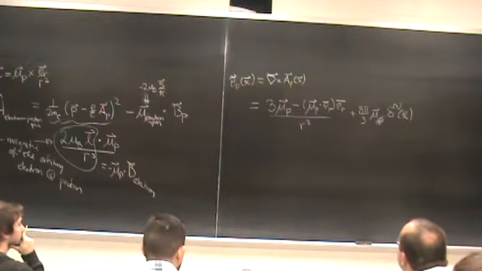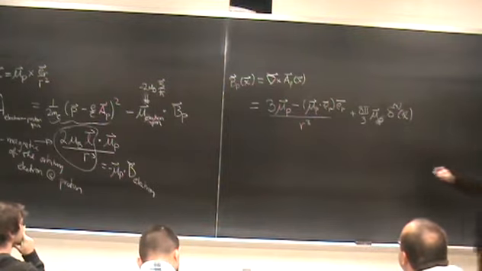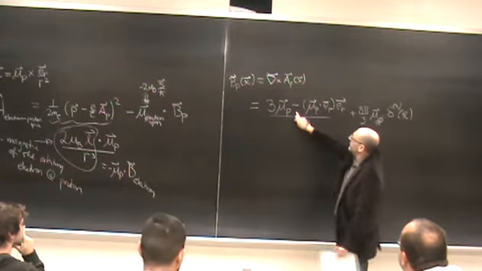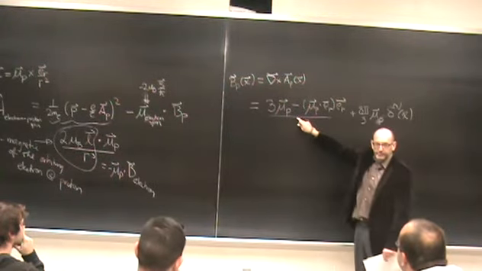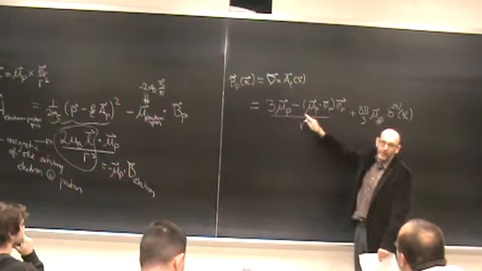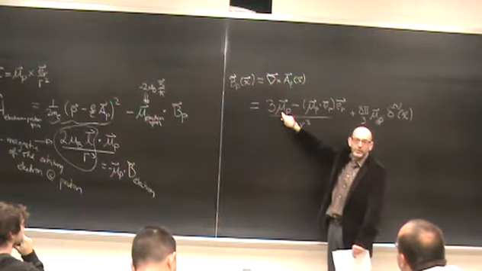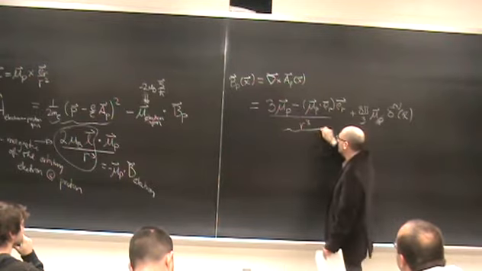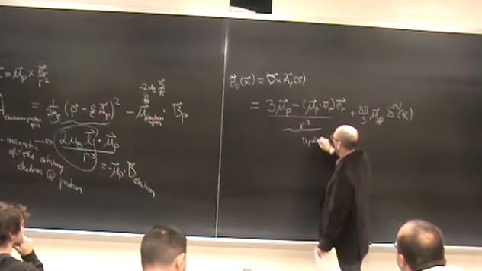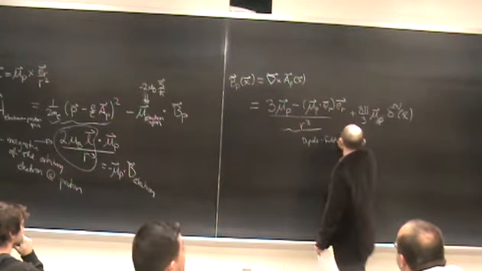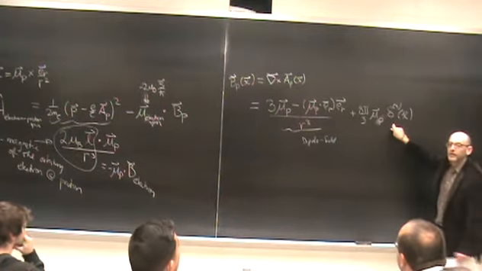That's what you get when you take the curl. How do we understand this? Well, this is a familiar dipole field coming from a magnetic dipole moment. So this is a dipole field.